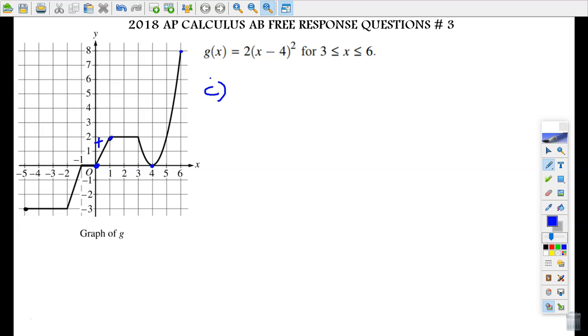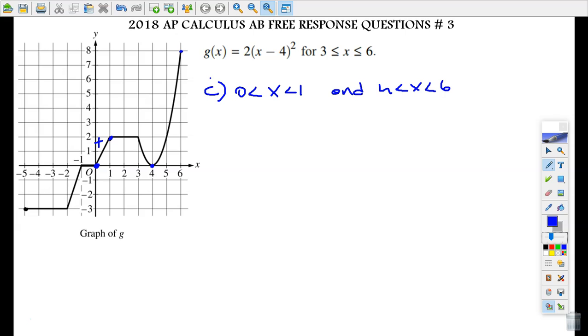And when you closely look at between 0 and 1, that line segment has a positive slope, which means g prime x values are positive. So my conclusion is that the graph of f is increasing and concave up on 0 less than x less than 1, and also 4 less than x less than 6.